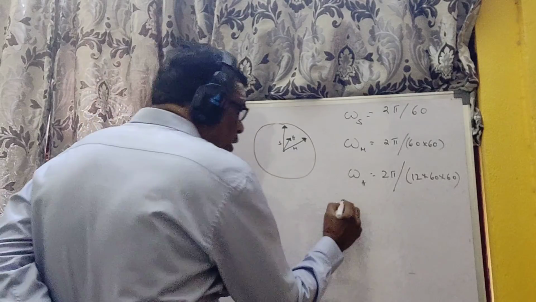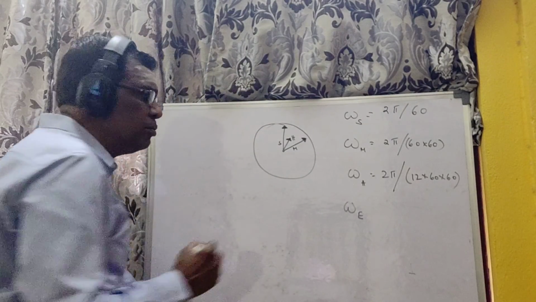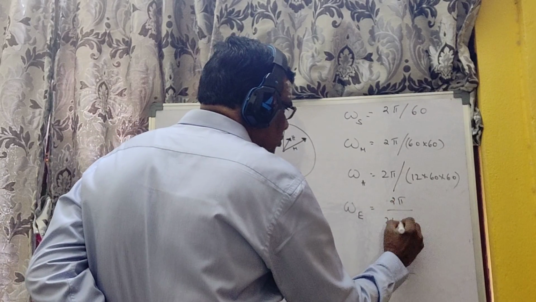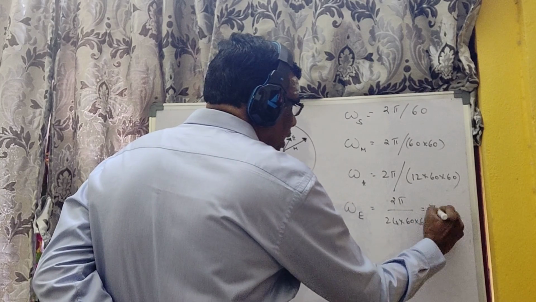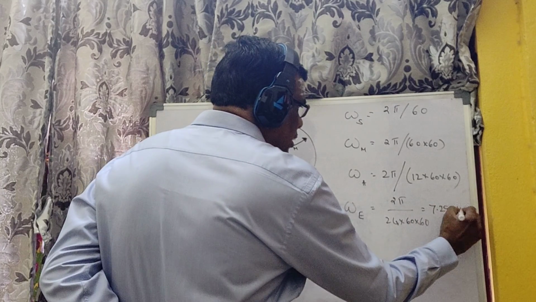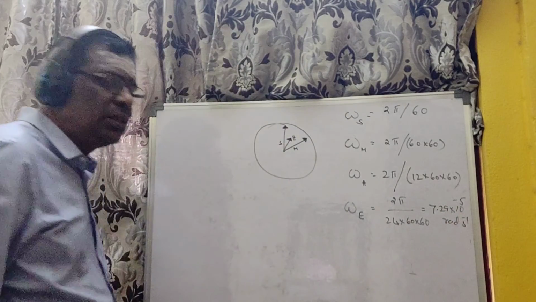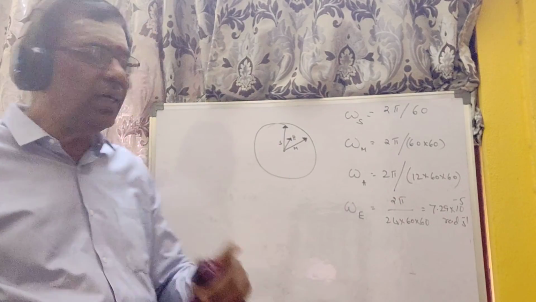Do you know, incidentally, omega of Earth's rotation? It will take 24 hours to complete one. I don't know whether you are aware, its value is something which all of you should remember: 7.29 into 10 raised to minus 5 radian per second.